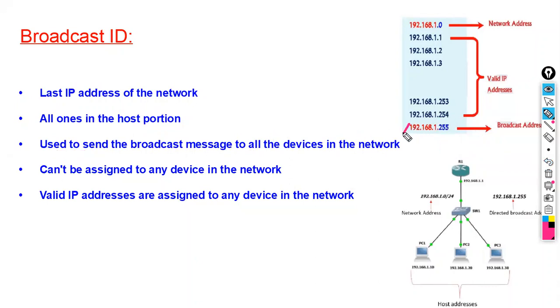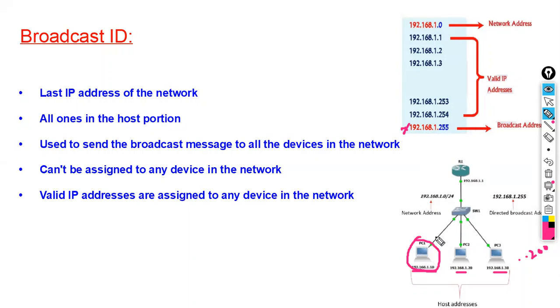So what is the use? Let us say we have some computers in our network like 192.168.1.10, 1.20, 1.30, and we have some other computers as well. We have 200 computers in our network. And this computer wants to send one packet to all the devices in the network. It wants to do the broadcasting.